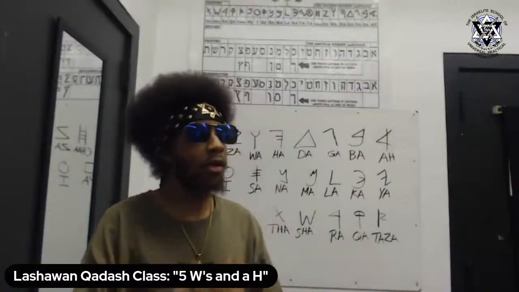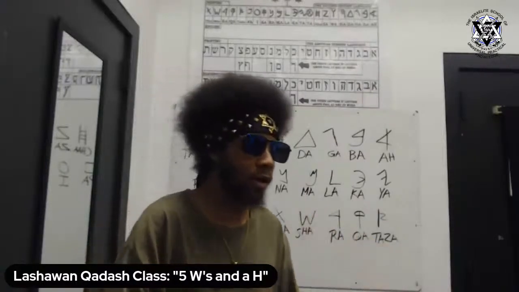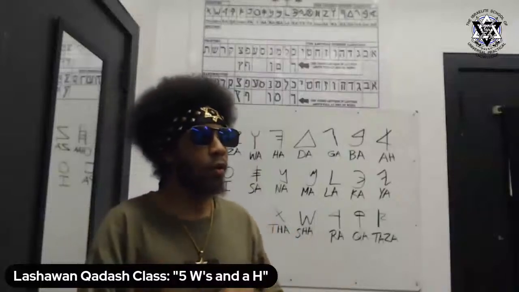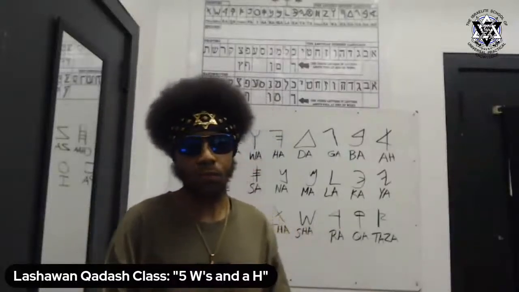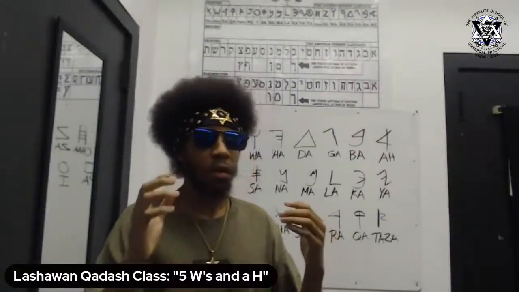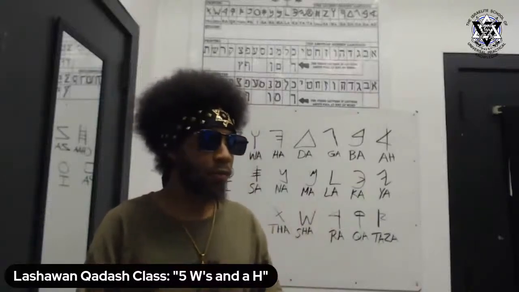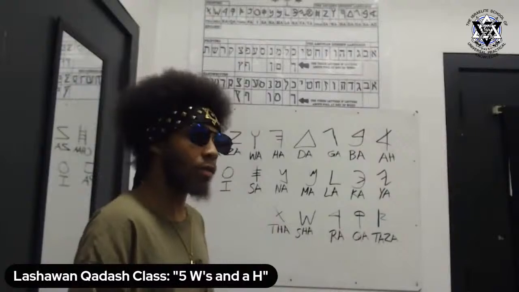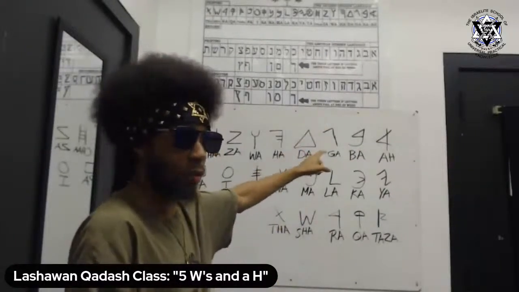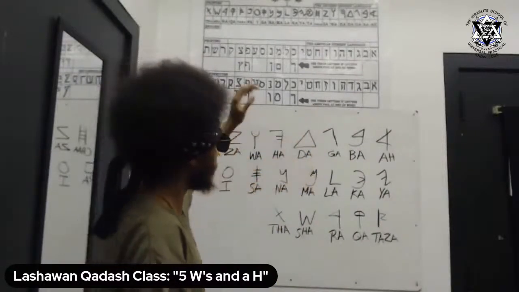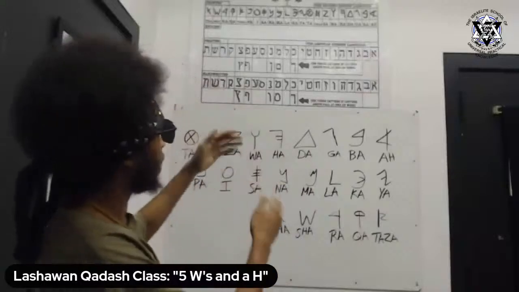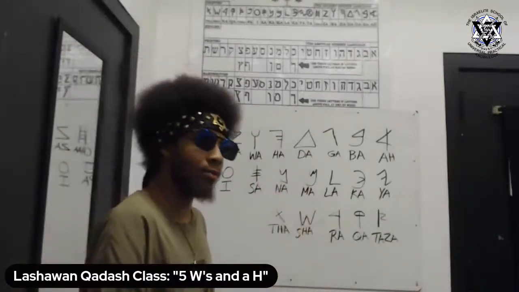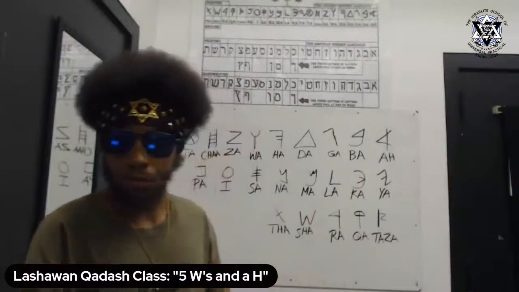Or they may know English because they are born in America. And natives know Ojibwe. That's not our language at all. Our language, according to the Most High, He gave us a language all the way back to Genesis with Adam. And this is our language. The ancient Paleo Hebrew. Lashawan Qadash. Holy tongue. That's our language. All right, let's keep going.